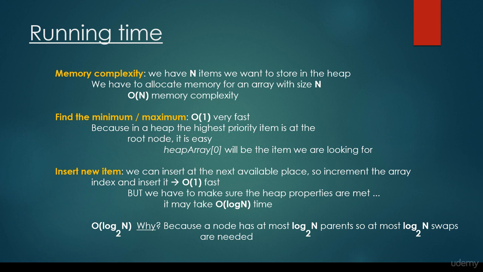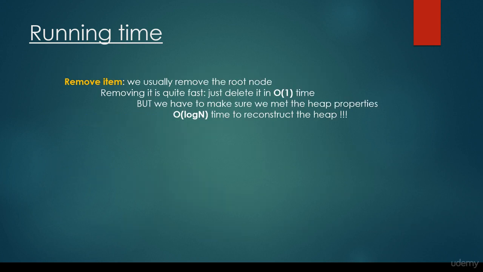So whenever we come to the conclusion that the heap is not valid and we have to make some reconstructions and swap operations, then we are sure that there's going to be at most log n swap operations. And that's why we are able to say that in the worst case, insertion is going to take O(log n).